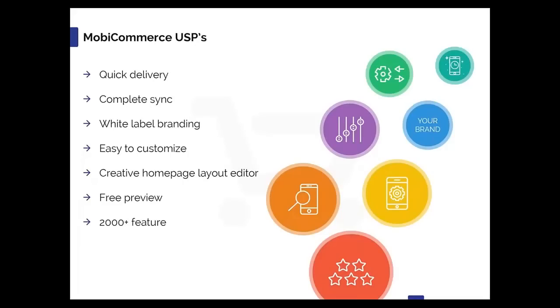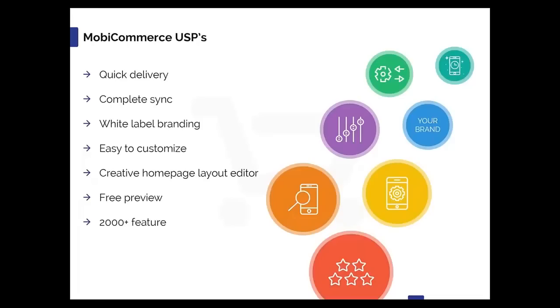You also get white label branding, as we do not use your app to market ourselves. You get an app with fully customizable access without coding experience, and easy to design homepage and category landing pages. And we provide you a 30 days full free preview with your website in just 15 minutes.